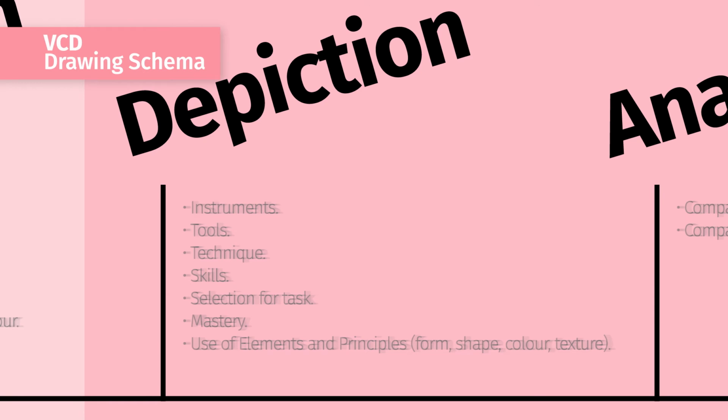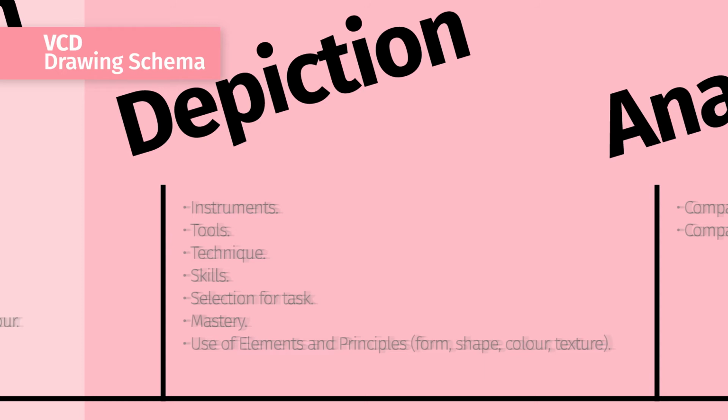And this point is probably the biggest one in the set, in that we could probably dig down quite a few more layers here. So the depiction category is probably what most people think about when you talk about drawing, in that we're talking about the instruments, tools, techniques, skills, and how students select these to be appropriate for the task.